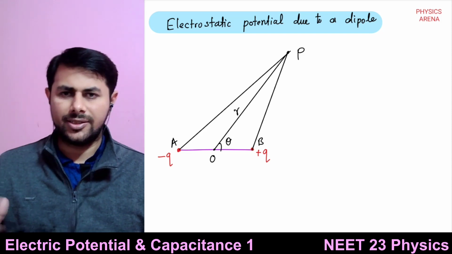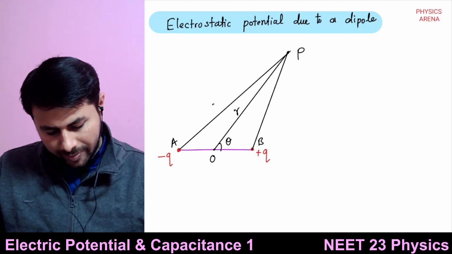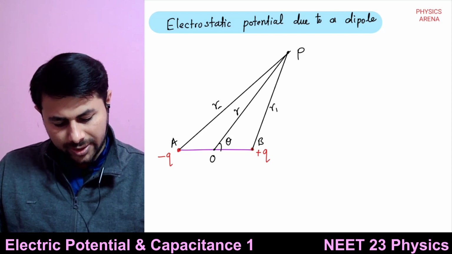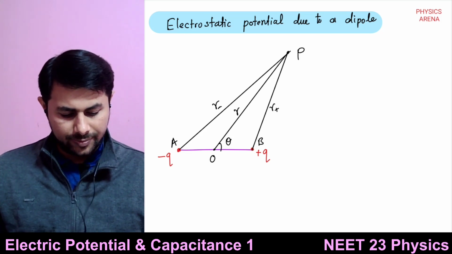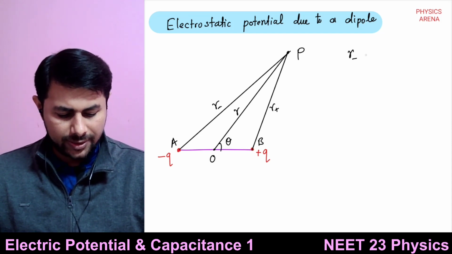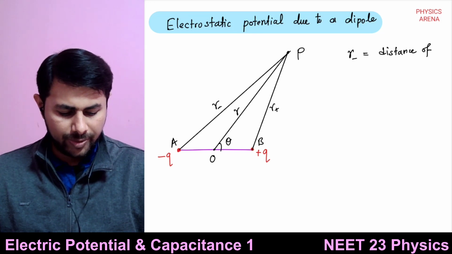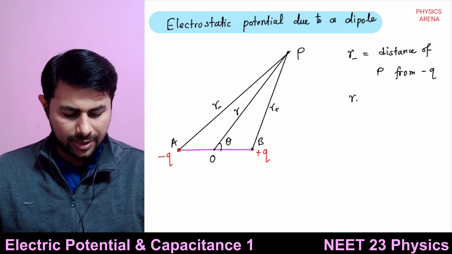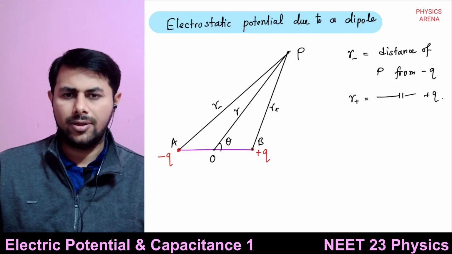R is this distance, the distance OP. The distance from the negative charge is, suppose, R minus, and the distance from the positive charge is R plus. So R minus is the distance of P from minus Q, and R plus is the distance of P from plus Q.